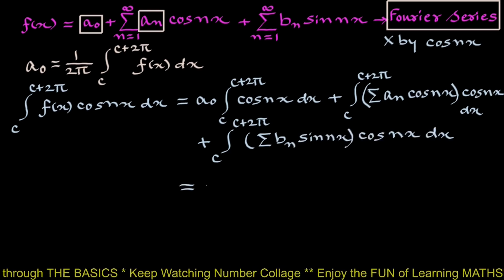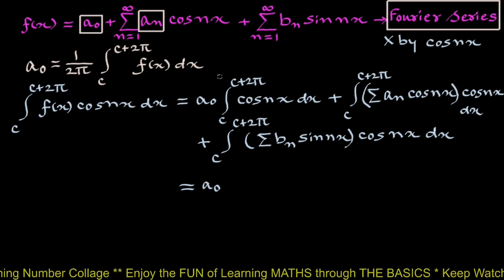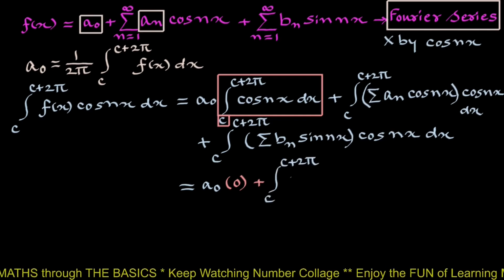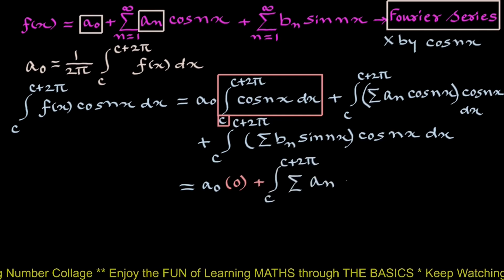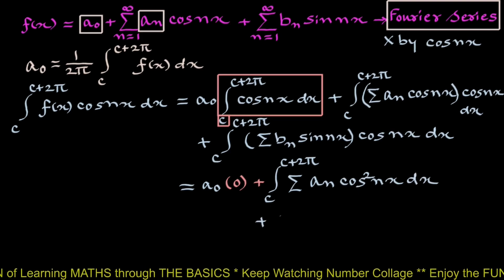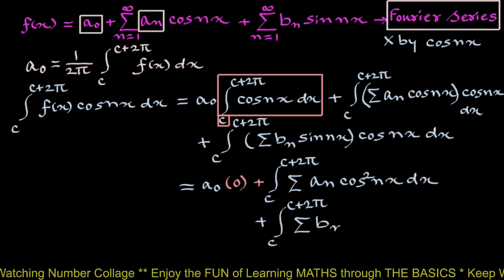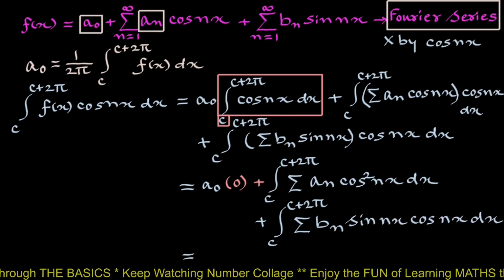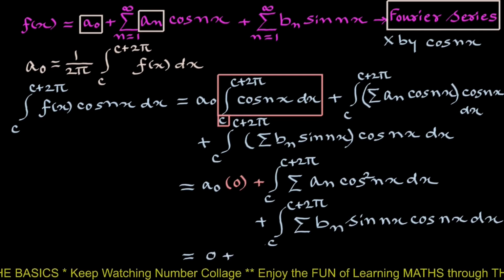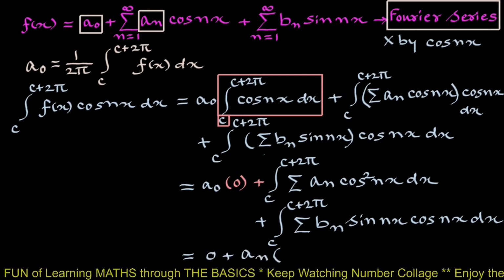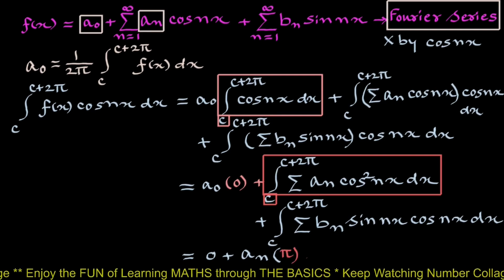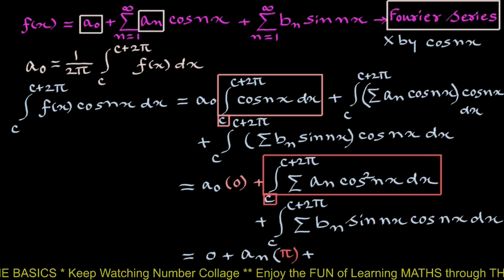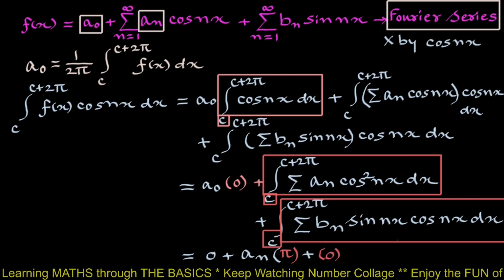Earlier we have seen a0 into this integral works out to be 0, plus this second integral summation an cos square nx dx plus this third integral summation bn sin nx cos nx dx, which is a0 into 0, 0, plus an into value of this second integral is pi. We will see why it is pi later on, plus this third integral which is 0. We will see why this is 0.